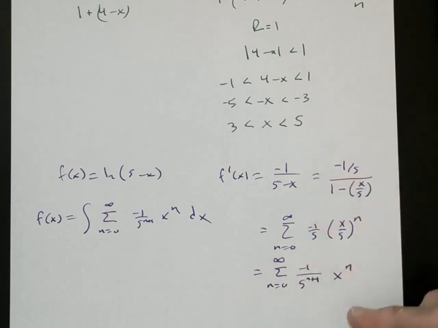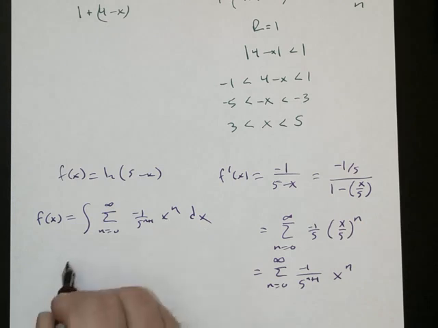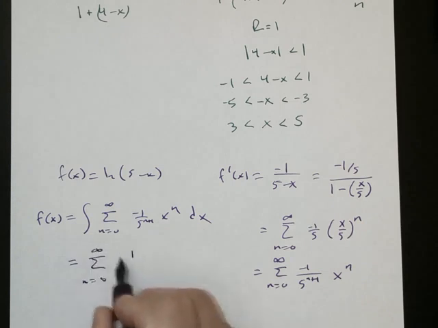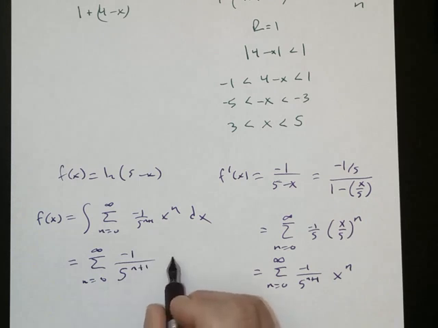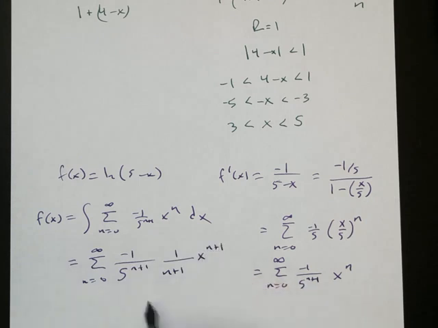The integral gets moved inside. So I take the antiderivative of x to the n. Negative 1 over 5 to the n plus 1 times 1 over n plus 1, x to the n plus 1. And then there should be a plus C somewhere.